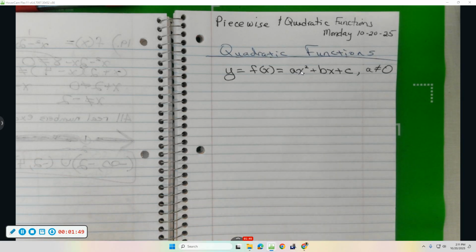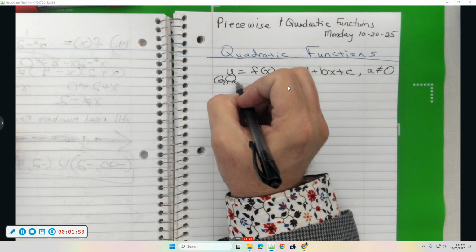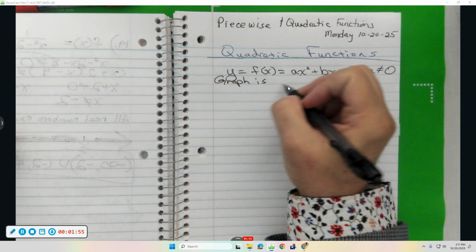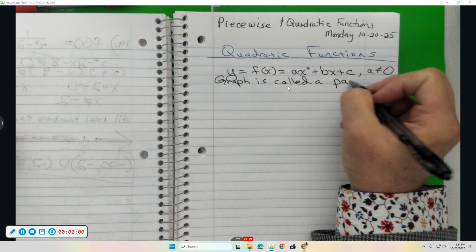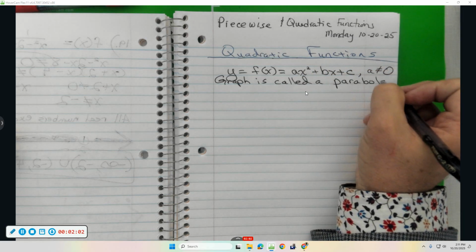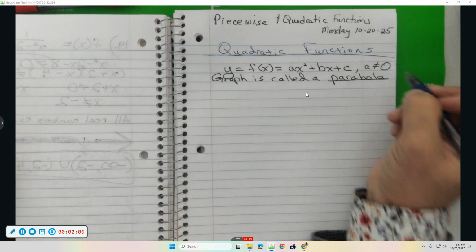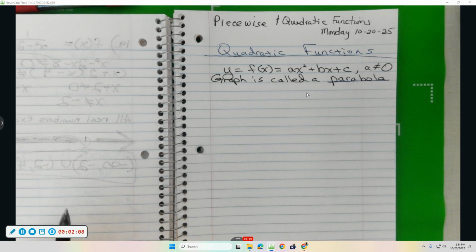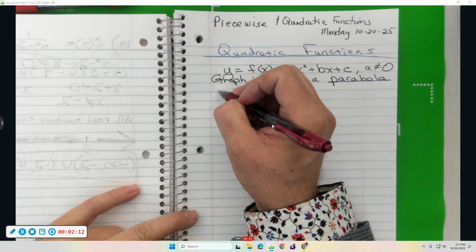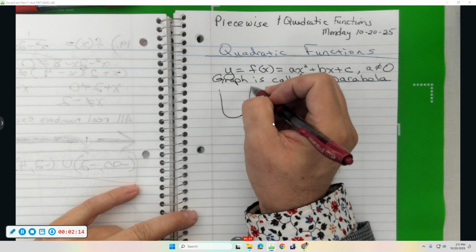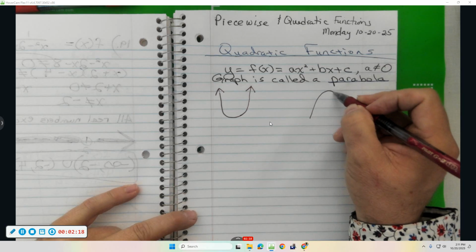The graph of a quadratic function is called a parabola. And a parabola is a smooth U-shaped figure. It will either open upward or it can open downward.